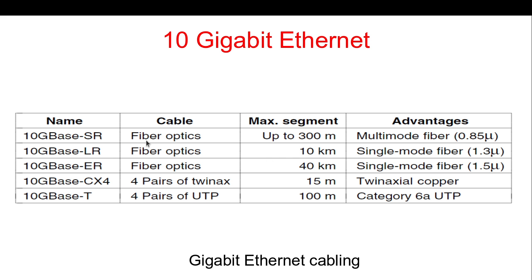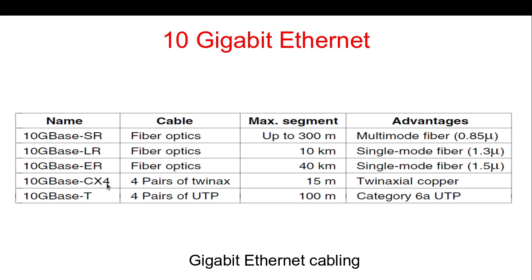In the case of SR, a multimode fiber of diameter 0.85 microns is used. LR and ER both employ single mode fiber of 1.3 microns, whereas the remaining two use twin axial.